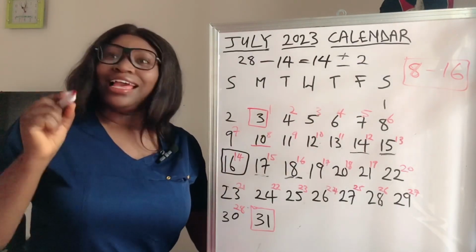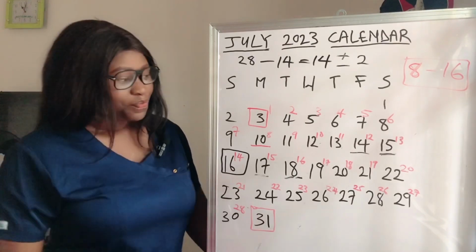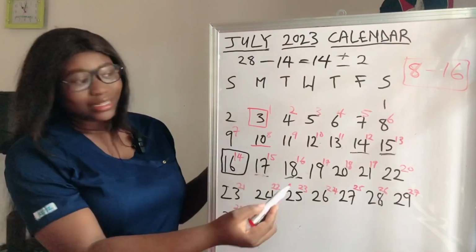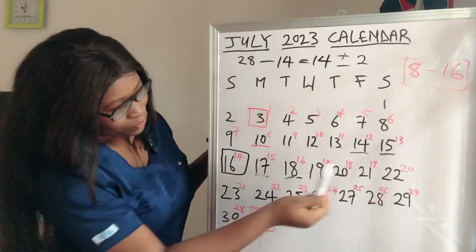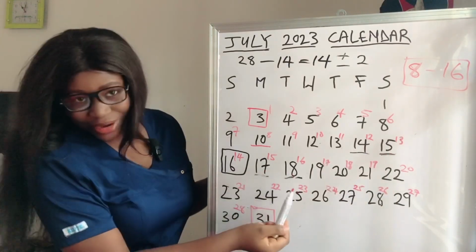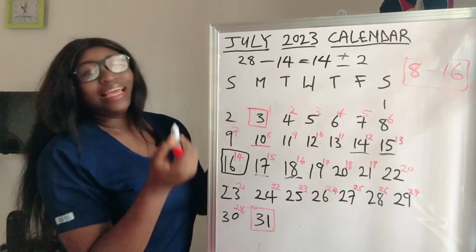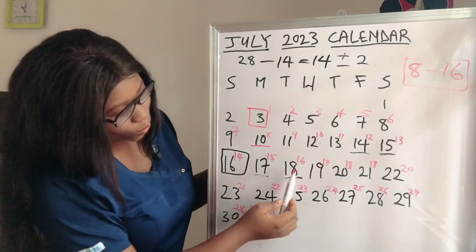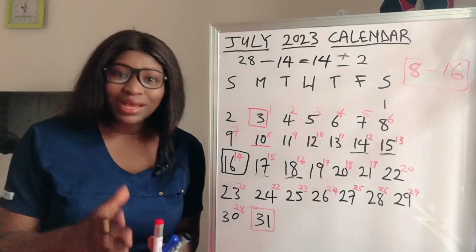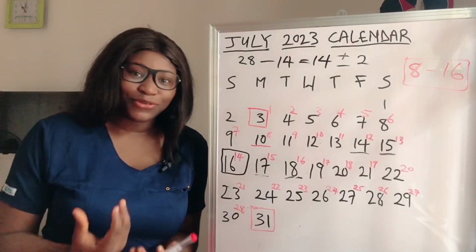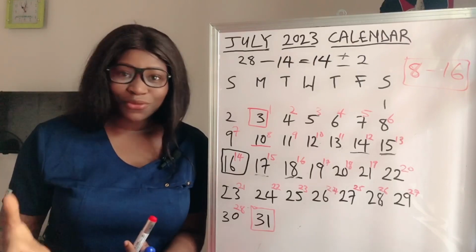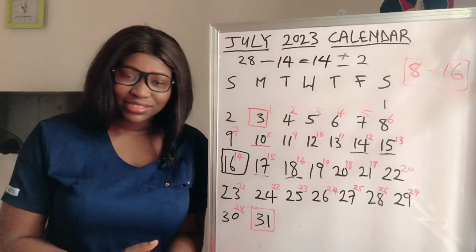Then another thing I like to add is that because we said this woman can ovulate here, if she ends up ovulating on day 16, the woman's egg lasts for up to 12 to 24 hours after it's been released.